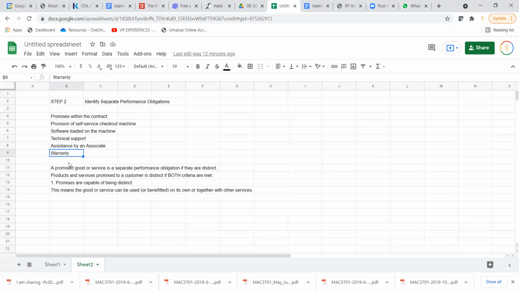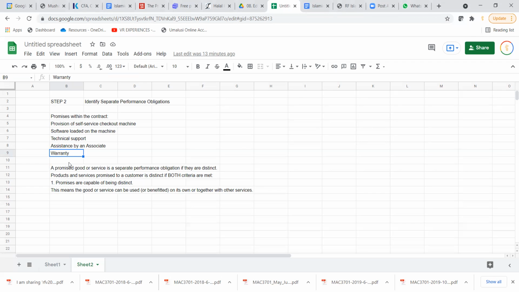And this one, because it is the warranty, it's solely there to ensure the product operates as it should operate. It means it is not a separate performance obligation. An indication where a warranty is a separate performance obligation is when a company sells warranties separately.